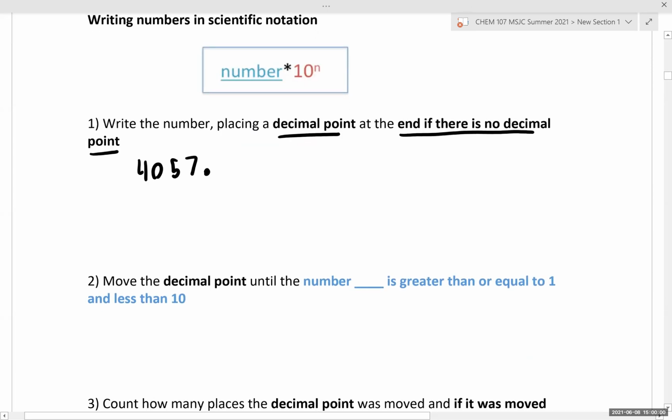Now, from here, you move the decimal point until the number is greater than or equal to 1 and less than 10. So I move my decimal point once, I get 405. Is 405 between 1 and 10?